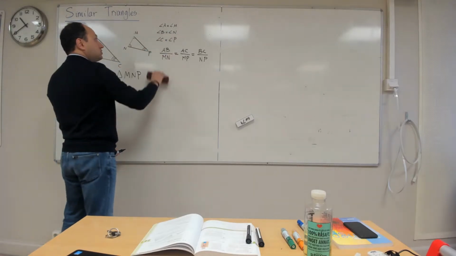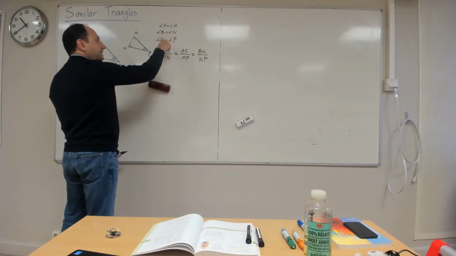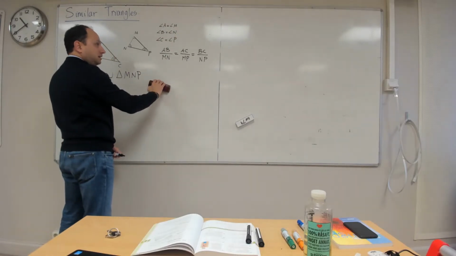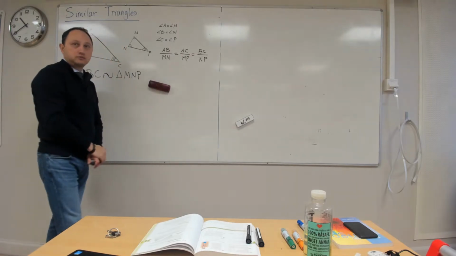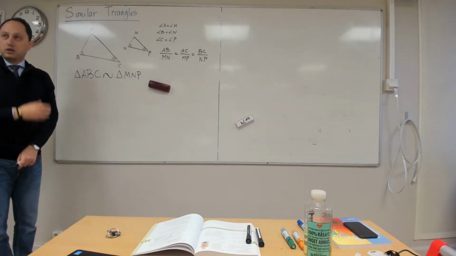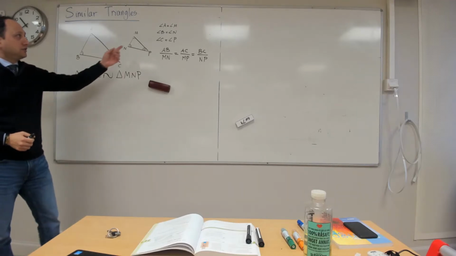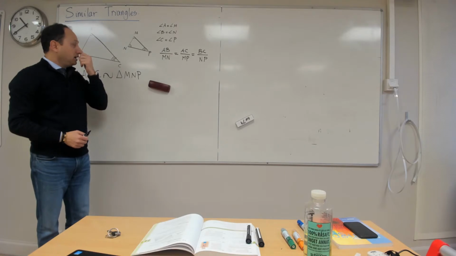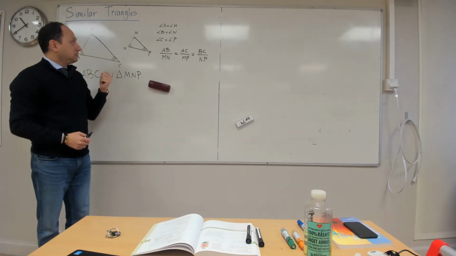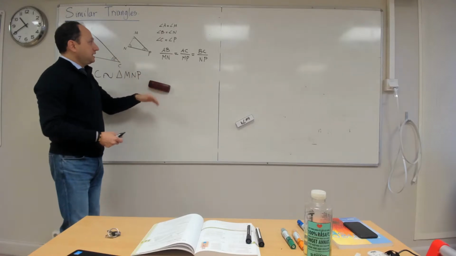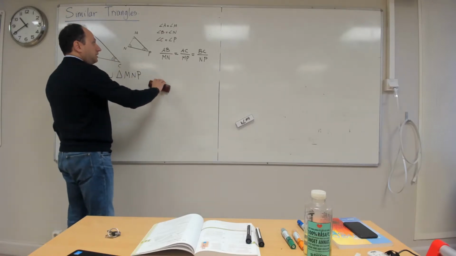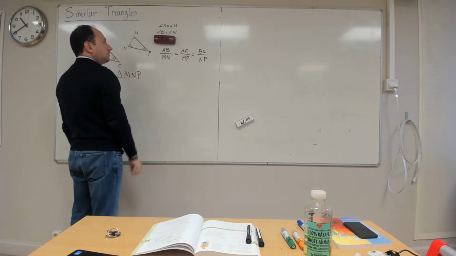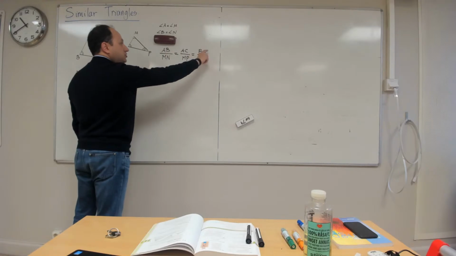Because in principle, I should check five conditions to guarantee that these two triangles are similar. But mathematicians have proven that if you have only two angles equal, you don't even need to check the rest.